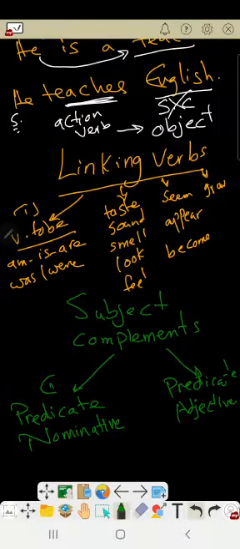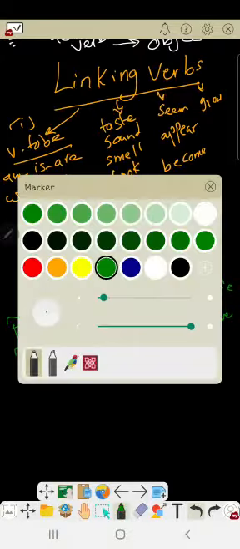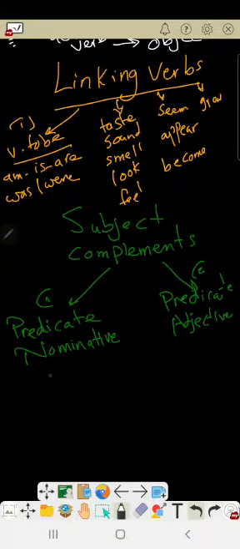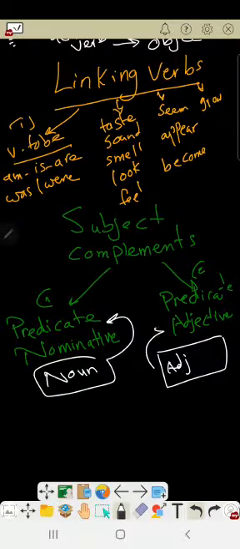If you are willing to underline a word saying that this word is subject complement, this is not enough, as I told you. So you need to add whether it's predicate nominative or predicate adjective. How can you decide this? Simply, if the word that is a subject complement is a noun, it's going to be predicate nominative. If it's an adjective, it's going to be predicate adjective. That's it? Yes, that's it.